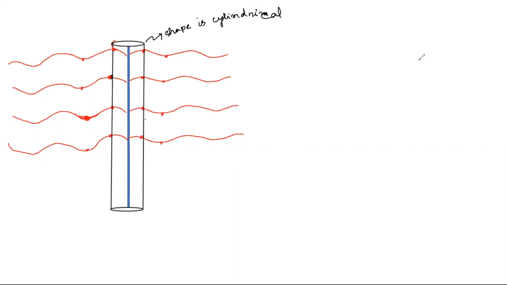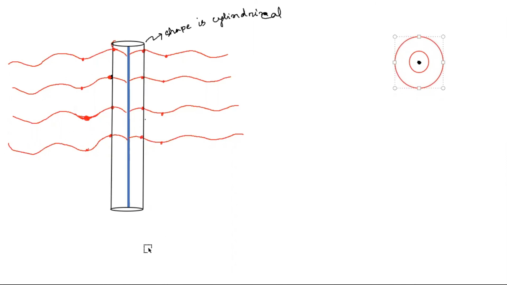When we were having a point source, we have seen that the shape of the wavefront is spherical, because it is going to emit waves in all the directions, and because of which the shape of this wavefront for a point source is going to be spherical.